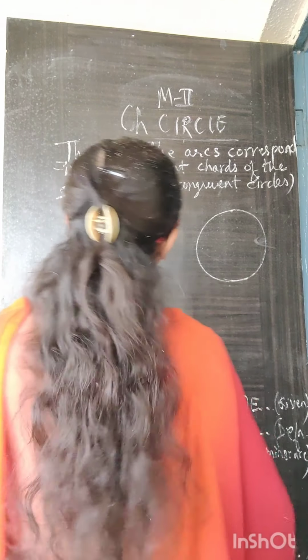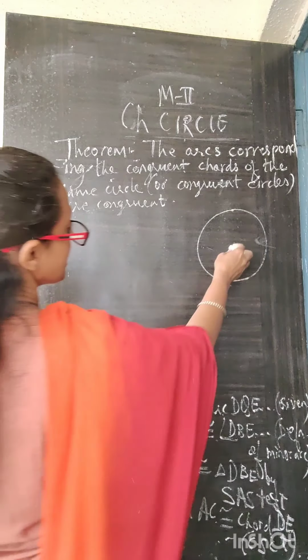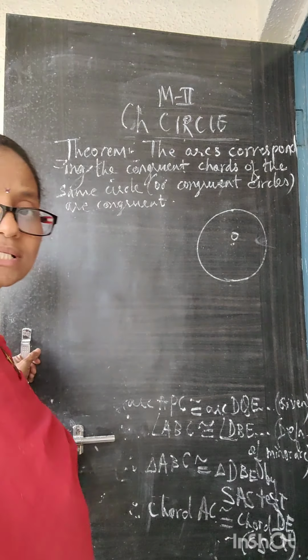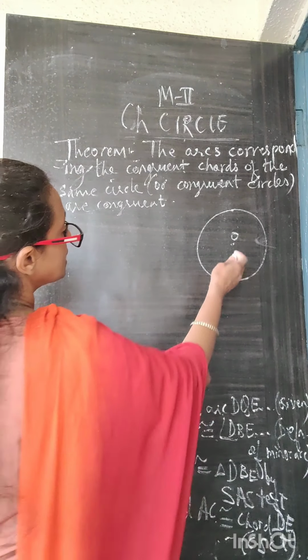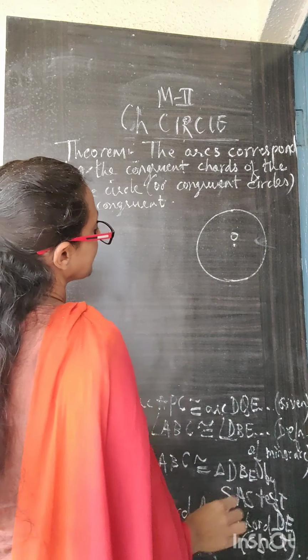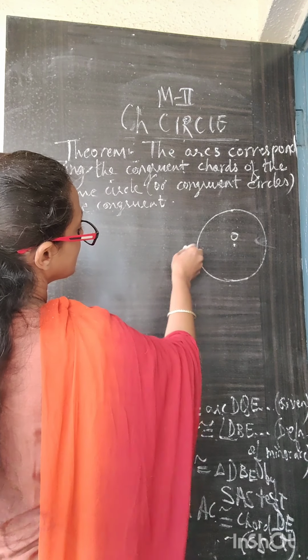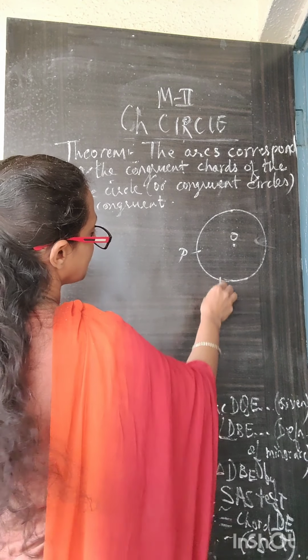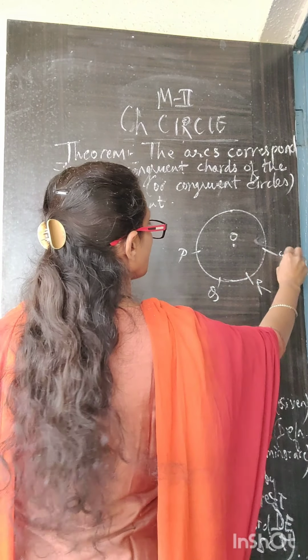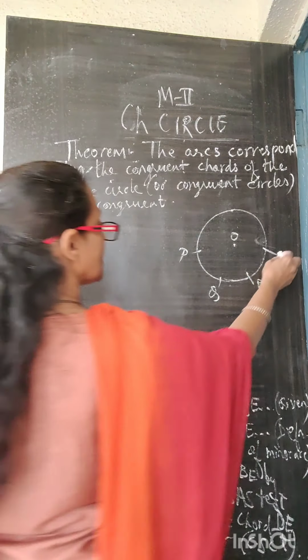Now here, which are the arcs which are corresponding? Which is the center of the circle here? O is the center, for example. We will take O as the center of the circle for this theorem. Then we can take P, Q as the points here, and R, S as the points here. So again we have the triangles formed here.